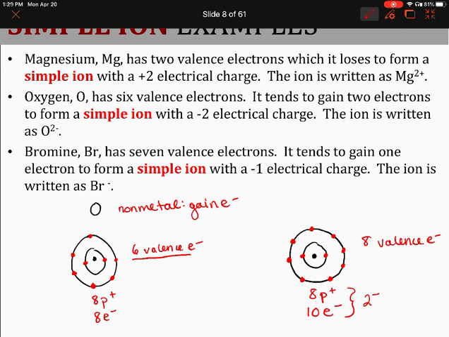So 8 of the protons will cancel out 8 of the electrons, but we still have 2 left over. So oxygen is an ion here, and it has a 2- charge. Now, there isn't really a great way to remember the charge on oxygen. We'll talk about one trick later on for remembering the different charges on different ions.